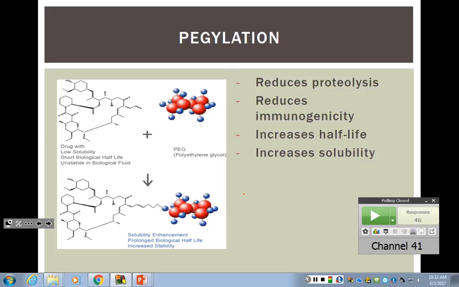It increases the half-life. And an item about pegylation that was not shown in any of the data: it also increases solubility. Because of the polar molecules on the pegylation moiety, it is more likely to interact with an aqueous environment, so pegylated proteins have greater solubility than non-pegylated proteins.